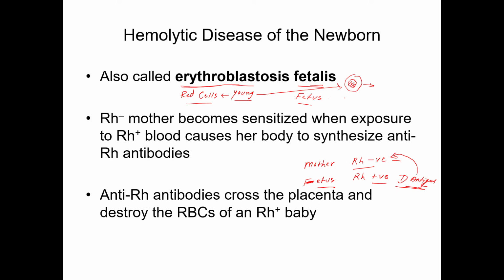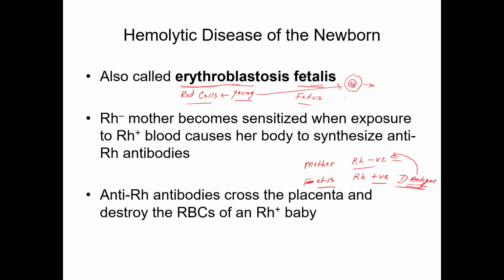And just know that when any antigen enters into someone's body, the body responds by producing antibody against it. Like microorganisms, those are also antigens, right? Or the D antigens.